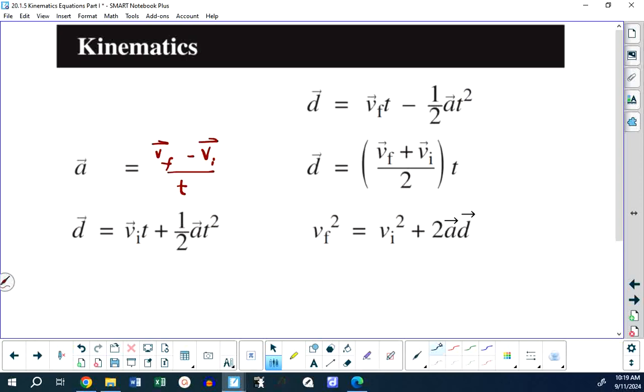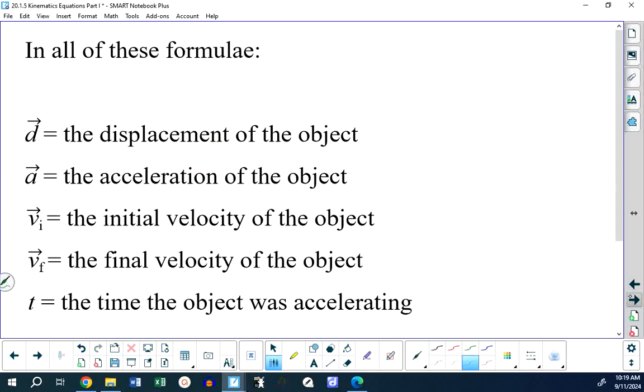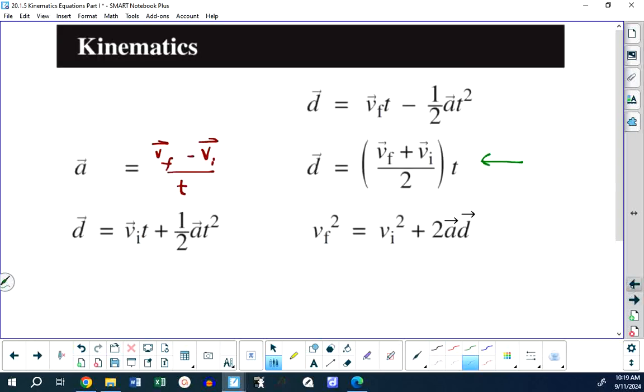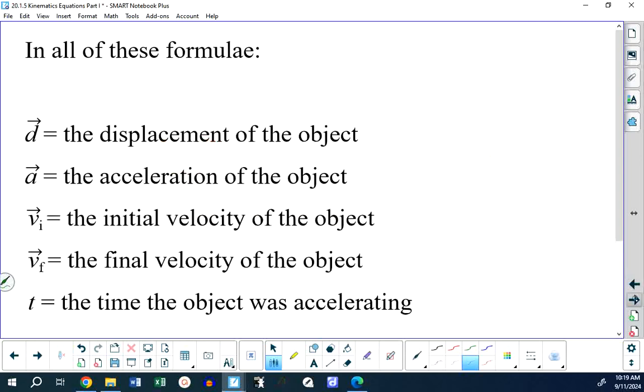If you don't care about A, then you're going to use this formula because it doesn't have A. If you don't know A and you don't want to find A, why would you use a formula that has A in it? All right. So, D is the displacement, A is the acceleration, Vi is the initial velocity, Vf is the final velocity, and T is the time. Time, of course, is a scalar.